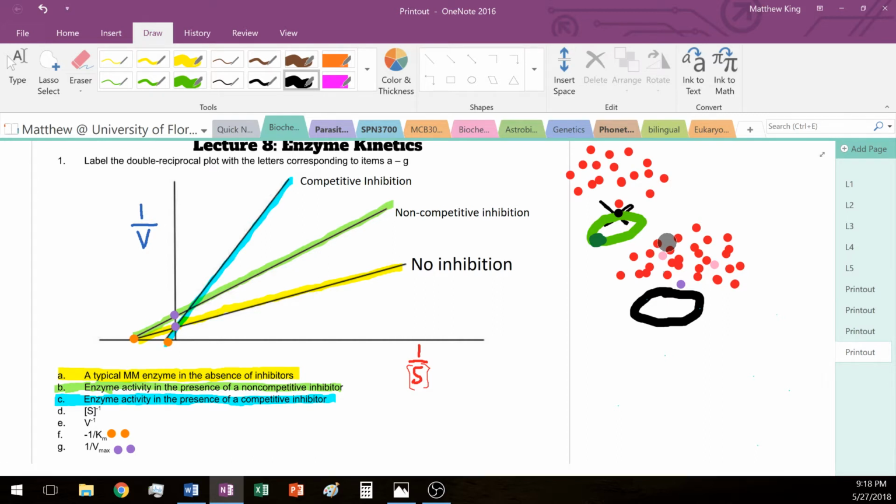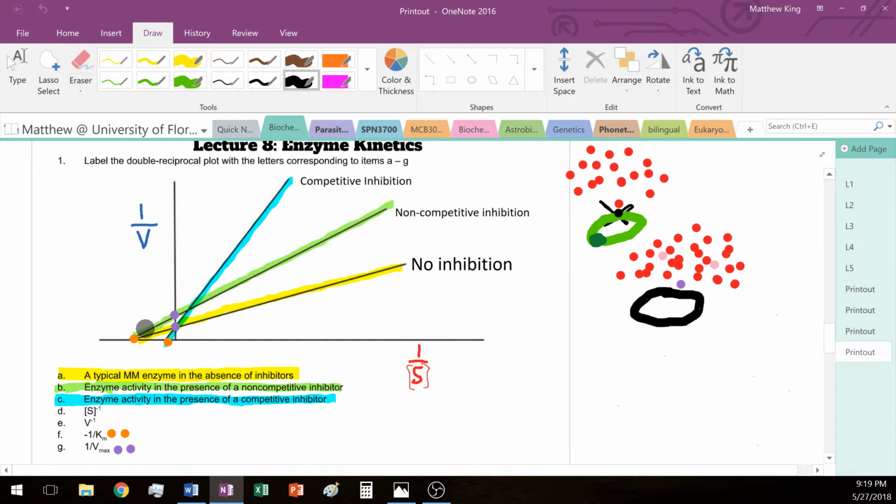And messing with the enzyme is really the only way you can affect the velocity, because we're talking about enzyme kinetics. Substrates don't have kinetics, they just have concentration. But the enzymes have kinetics, which means it kind of relies on everything. And because this enzyme is totally useless, if you have enzyme in a beaker and you're pouring substrate into it, and you have non-competitive inhibitor in there, there's nothing that can be done.